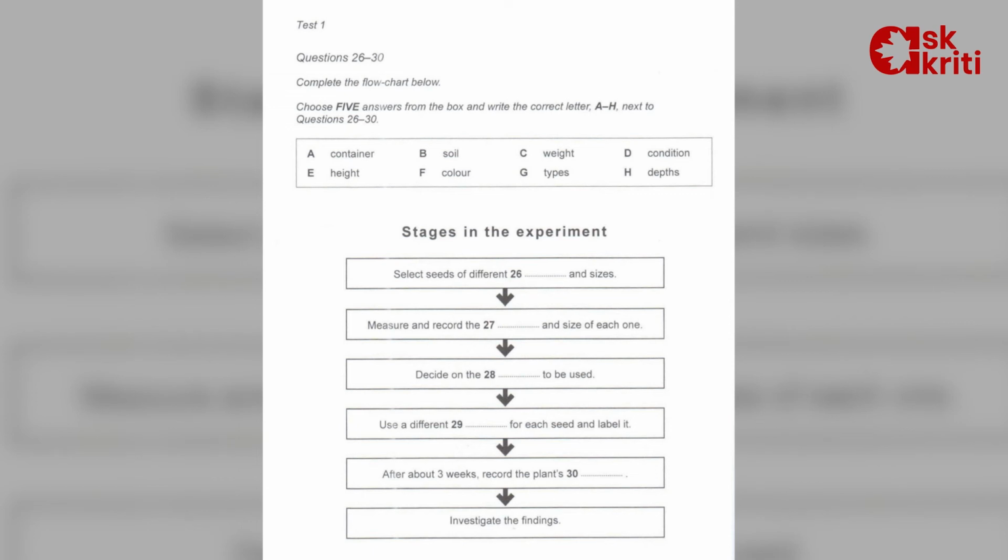Then we see if our plants have come up and write down how tall they've grown. Then all we have to do is look at our numbers and see if there's any relation between them. That's right. So then we get... That is the end of section 3. You now have half a minute to check your answers.